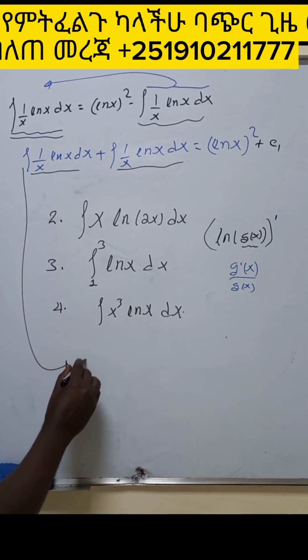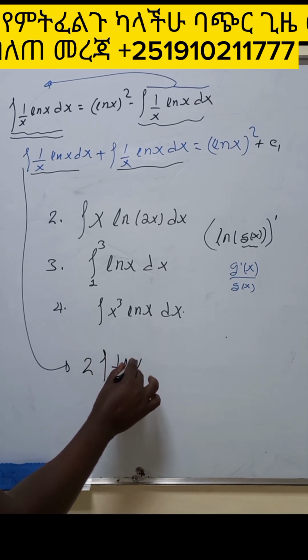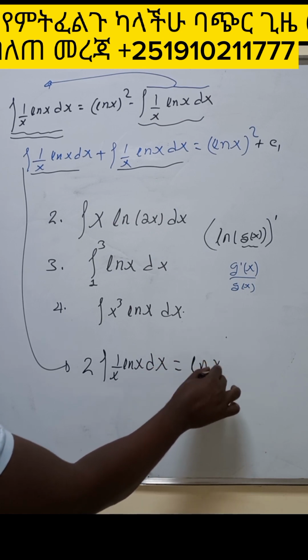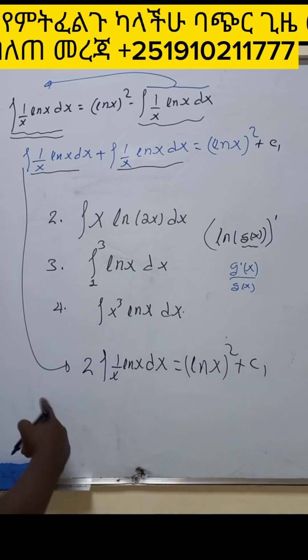So this is precisely twice the integral of 1 over x ln of x dx, which is exactly ln of x the whole square plus c1.